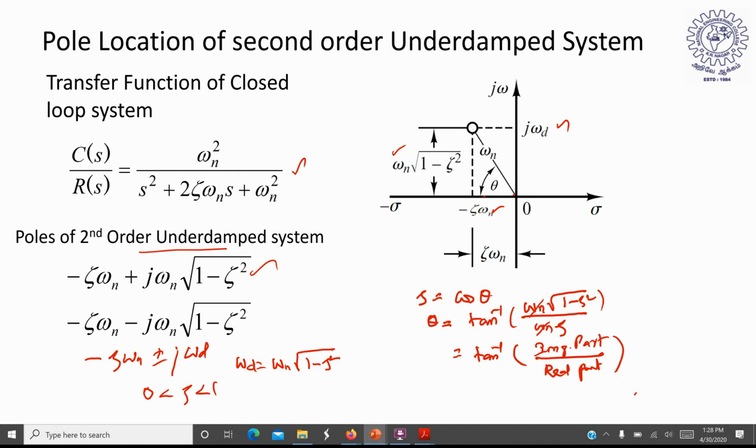From the real and imaginary parts we can easily find theta. If you know theta, we can easily find zeta, which is cos theta.